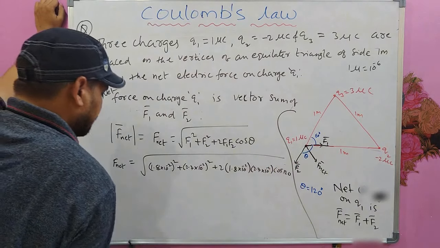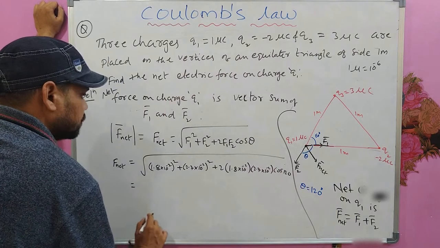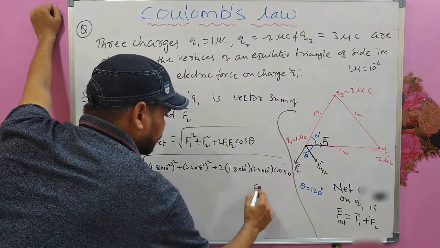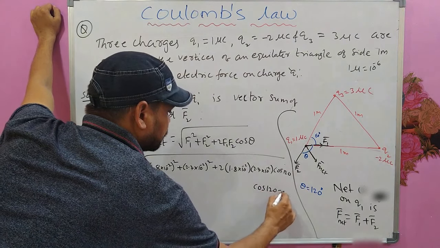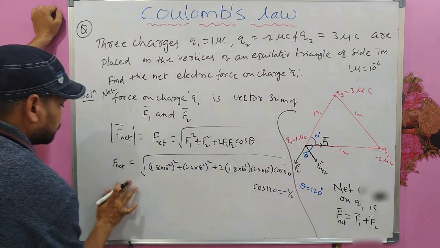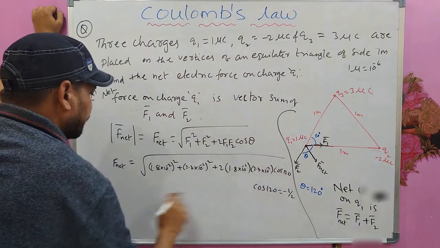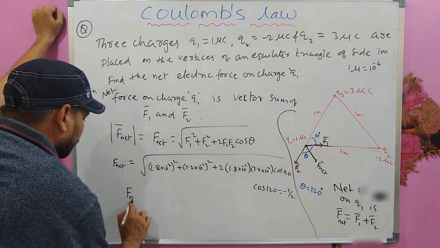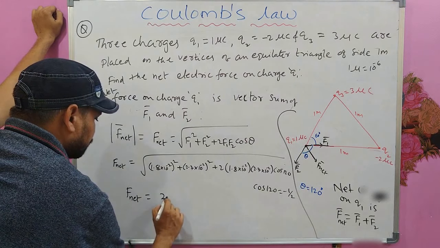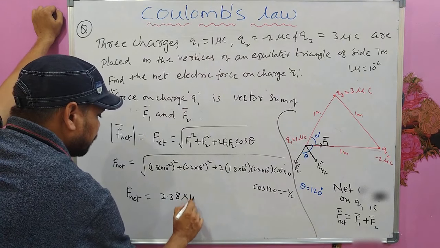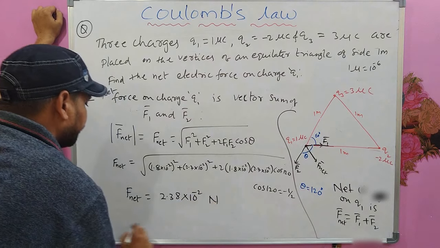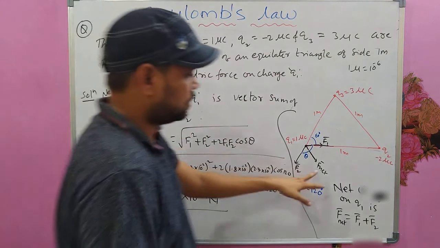So cos 120 is minus 1 by 2. If you substitute this here and simplify, you will get 2.38 into 10 to the power of minus 2 Newton.